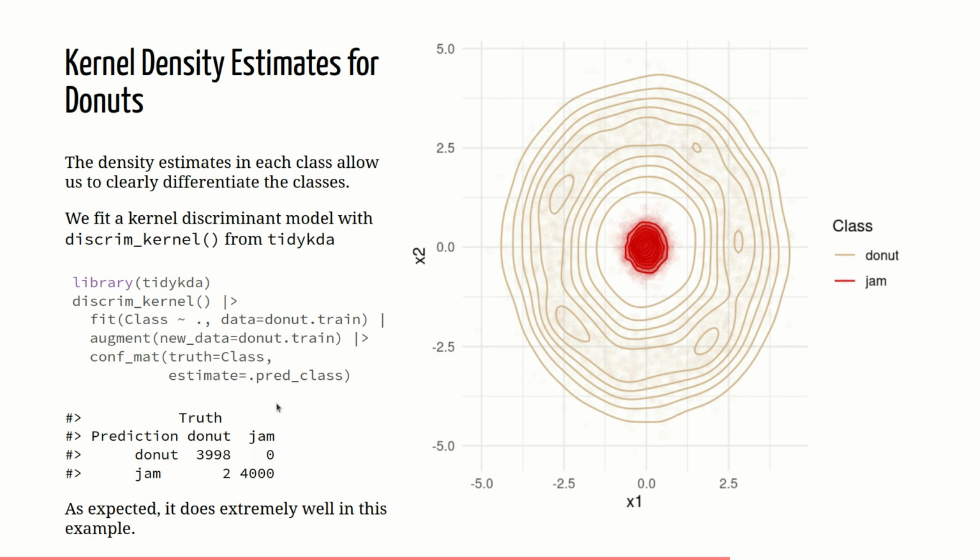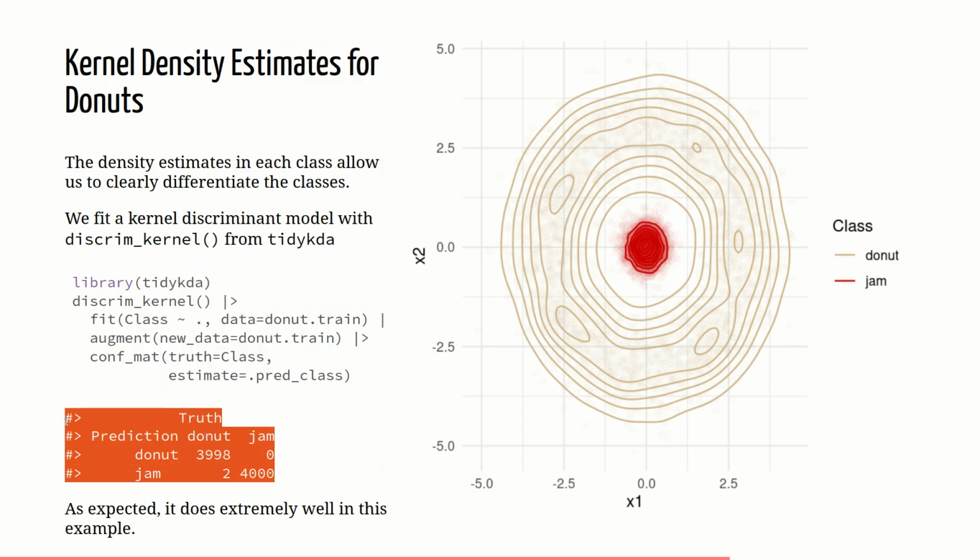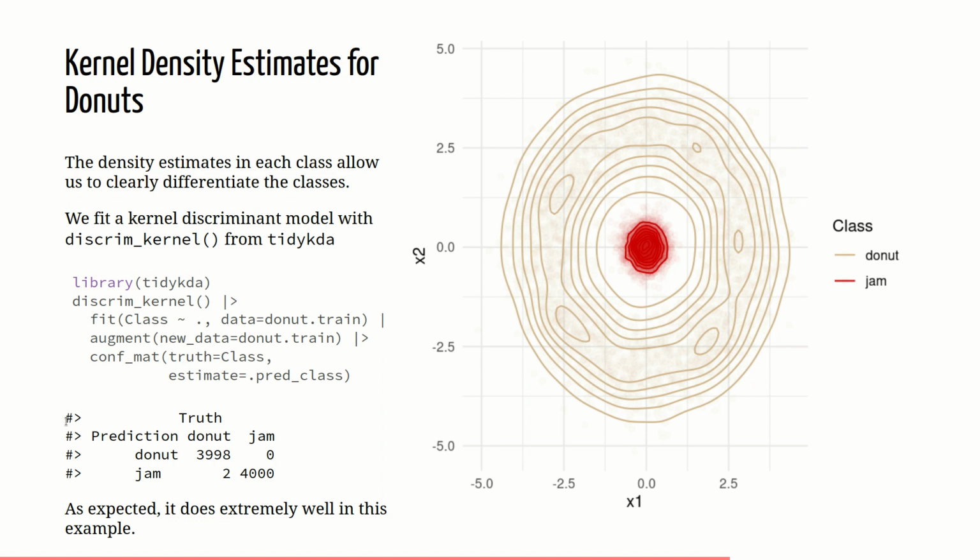So it's going to do extremely well. This is the evaluation on the training data, so home ground advantage, but you can see that it gets almost all the donuts right and it gets all the jam right. Okay, so it only says that 2 donut observations are jam.